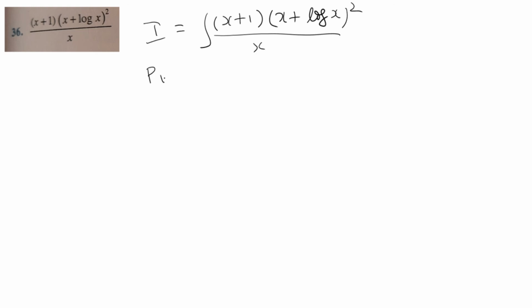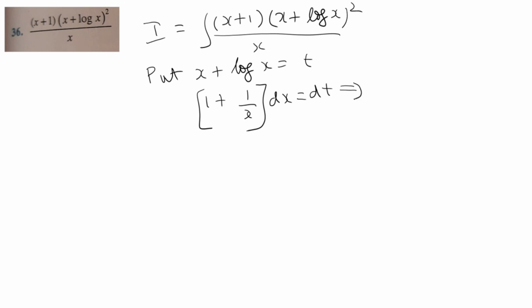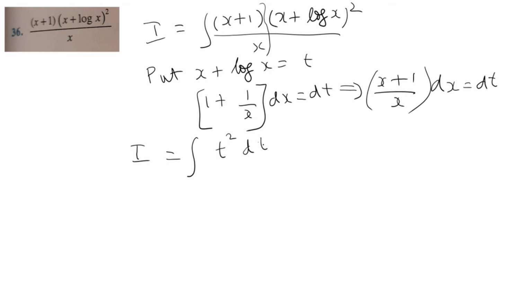Now let us put x plus log x as t, then (1 plus 1 by x) dx will be dt. So we get the remaining part now: (x plus 1) by x, taking LCM as x, dx is equal to dt. So I becomes the integral of t square dt, which is equal to t cube by 3 plus c.